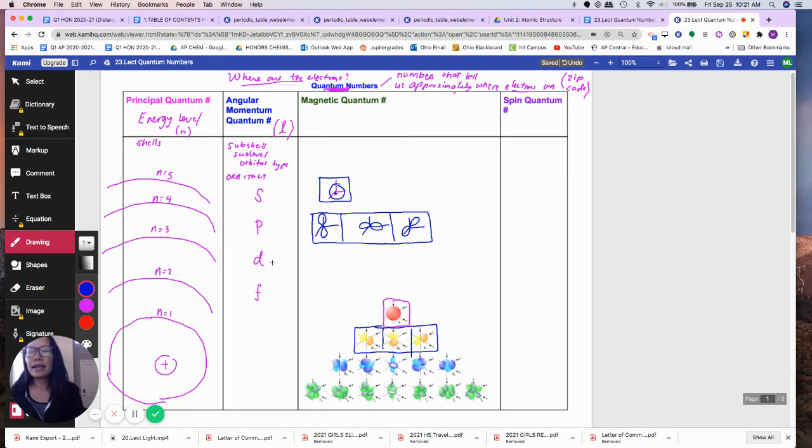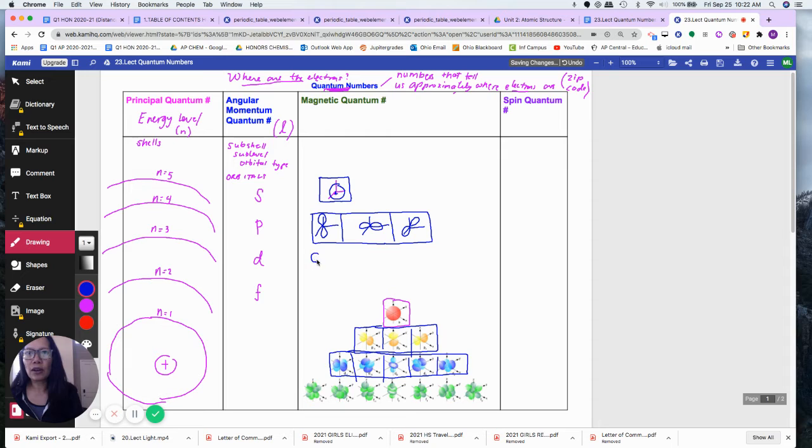Now the d, if that one's filled up, you can go into the d orbitals, which there are 5 of them. I'm just going to draw an odd flower. I don't really know how to draw them. It's just the way they're rotated in space.